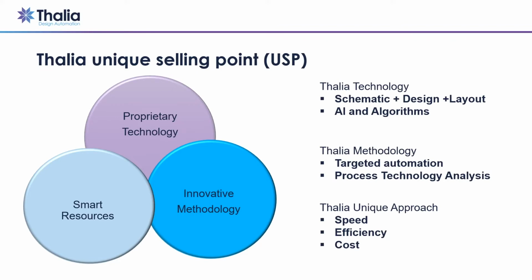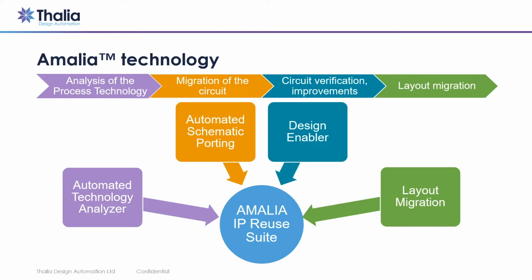It is this combination and approach that leads to increased speed in moving an IP from one technology to another, or building the portfolio, and hence the lower design cycle time, and hence the lower cost.